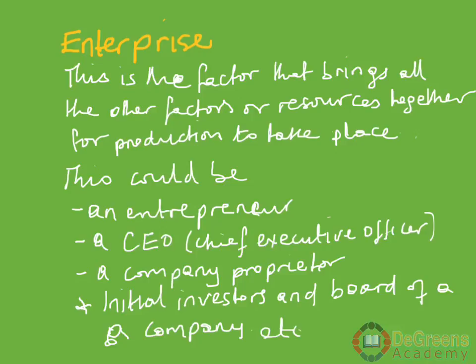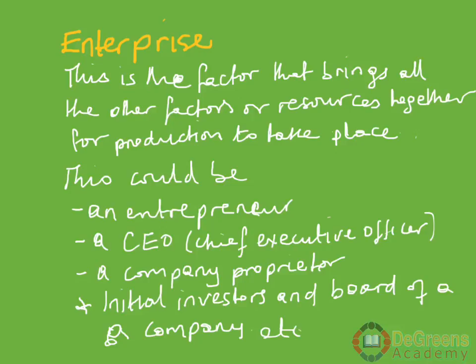You see, this could be the entrepreneur, this could be the CEO or chief executive officer, it could be a company proprietor, it could be a sole proprietor, it could be a group of initial investors or a board of a company. So these are the people who form the force of that enterprise.